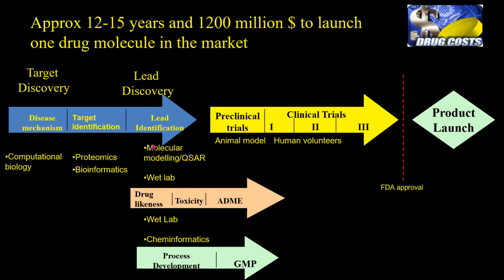So if some compounds look very promising, don't just jump into preclinical and clinical trials, but try to estimate all the drug likeness properties using different software. If the properties don't seem to be good, don't waste your time. If the properties look good, you can consider it because it may pass the animal trials.